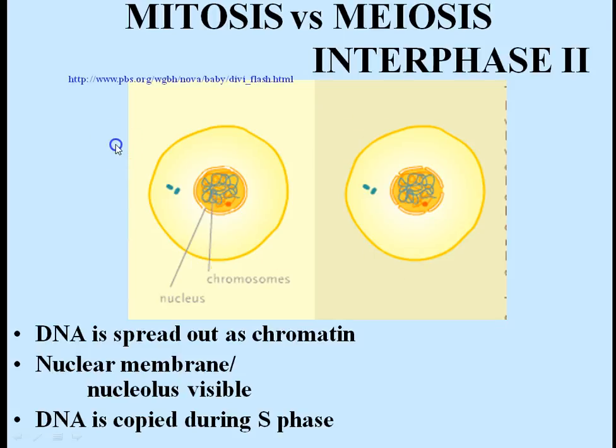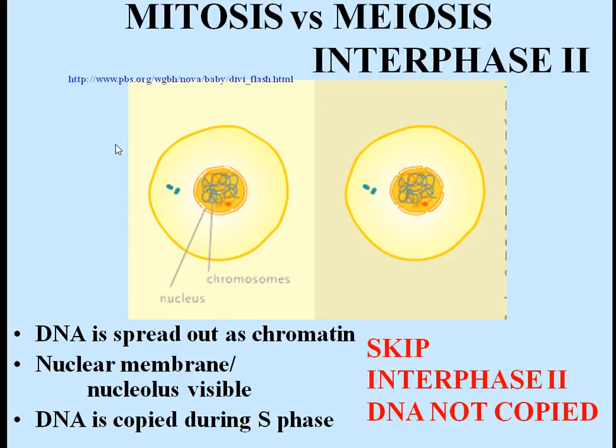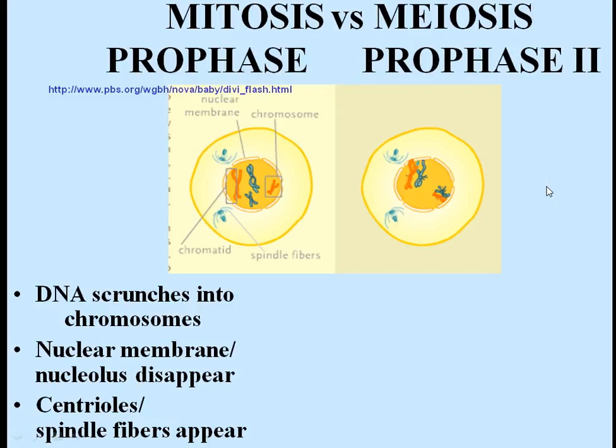So the only difference is in meiosis, we're going to actually skip interphase 2 so that the DNA does not get copied. Because remember, we want to end up with half the amount of chromosomes in our 4 daughter cells.